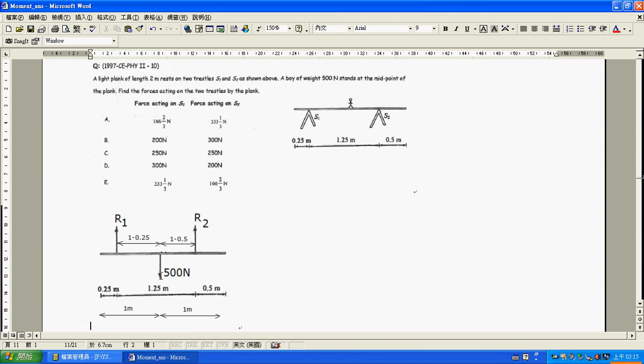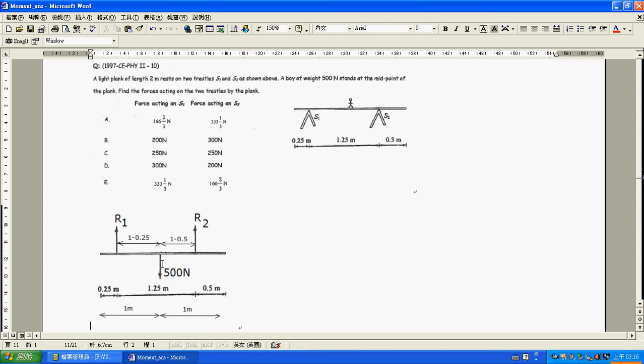Now the force 500 newtons should act at the center of the rod. So it should be at a distance of 1 meter from the left end, and also at a distance of 1 meter from the right end.